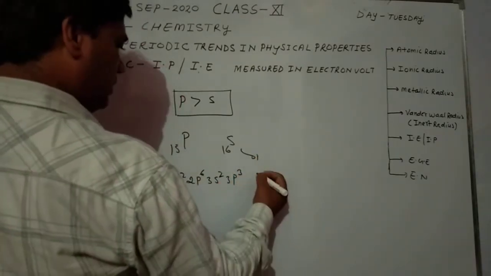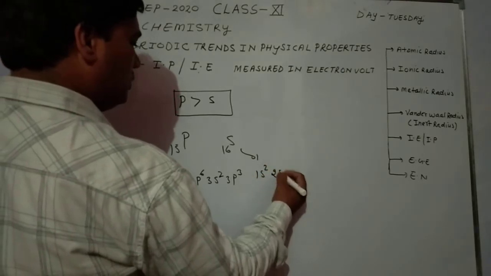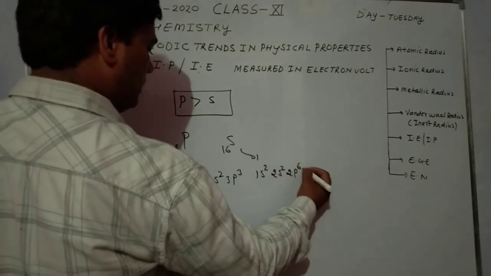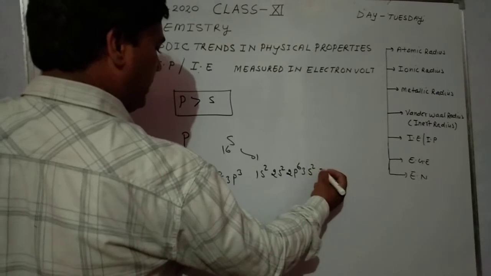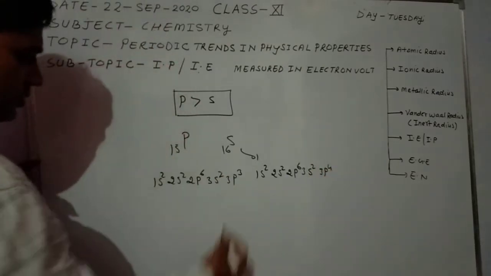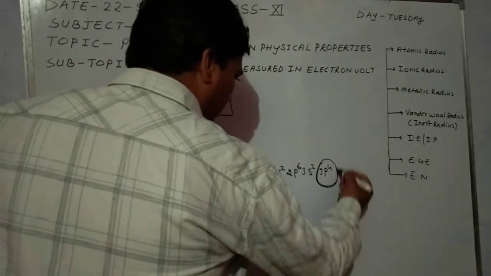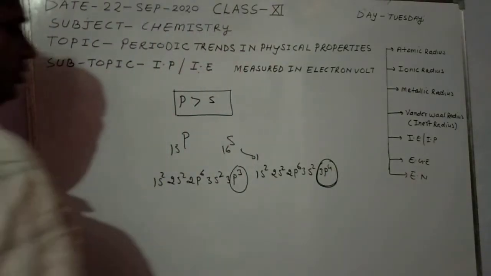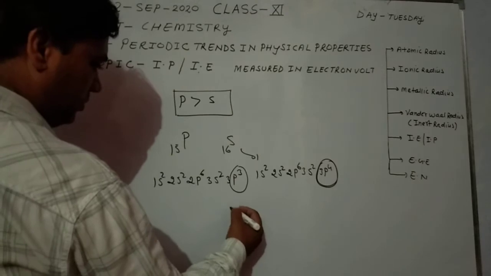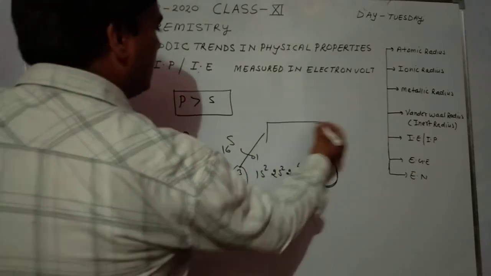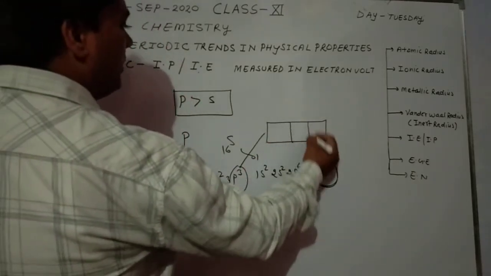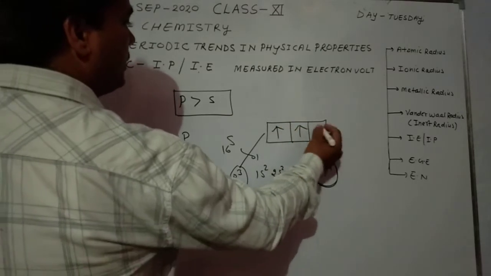In this case, you are required to write 1s2, 2s2, 2p6, 3s2 and 3p4. So this is stable electronic configuration and this is not very stable electronic configuration.